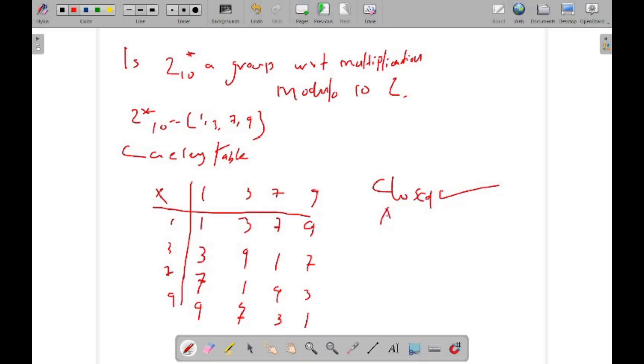Then multiplication is associative. Then, which is the identity element? Here you can see 1 is the identity element, e is equal to 1.